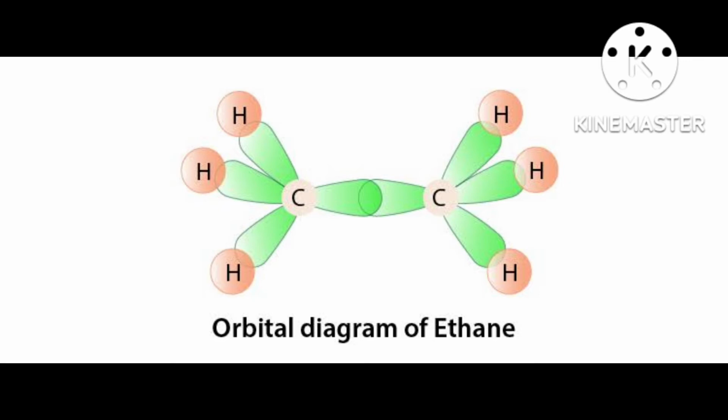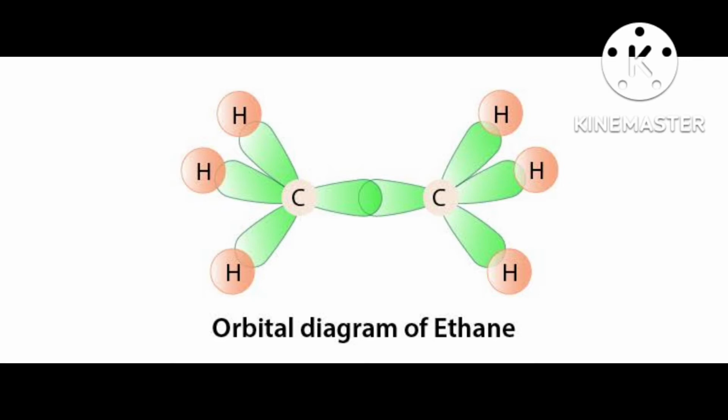That's why the bond length will be less. But in carbon-carbon both have almost the same electronegativity, and the attraction will not be like a CH bond, so their bond length is more. And the bond angle, carbon-carbon bond, simply it is 180. Okay, I told about these things.